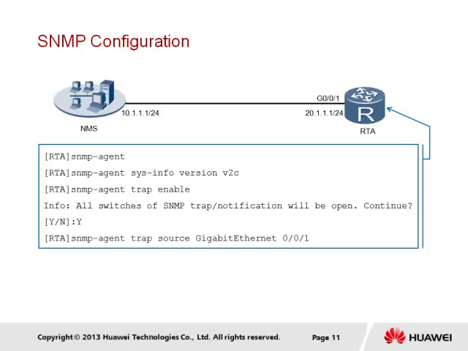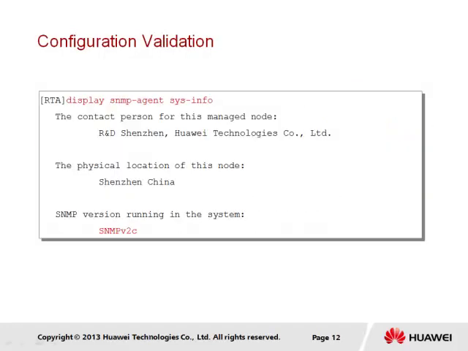However, if we wish to use only specific versions, the snmp-agent sys-info version command can be used to select the relevant version. If the network element is to support trap notifications, the snmp-agent trap source command should be used, followed by the interface via which traps are to be forwarded in order to allow them to reach the NMS. In order to check the current configuration settings, we can use the display snmp-agent sys-info command that will display the current supported versions of SNMP.